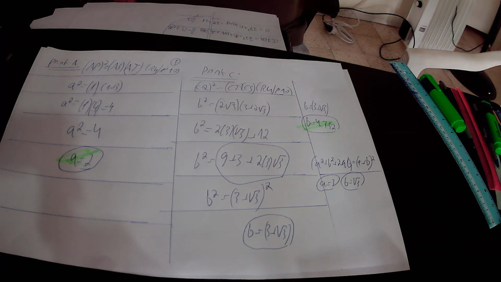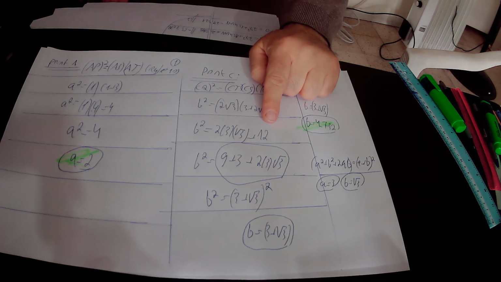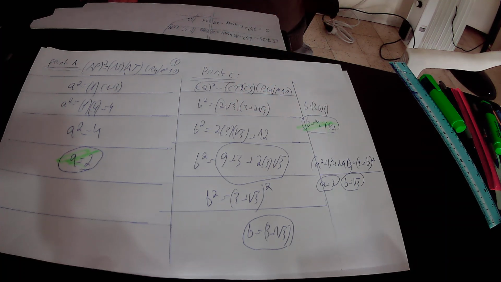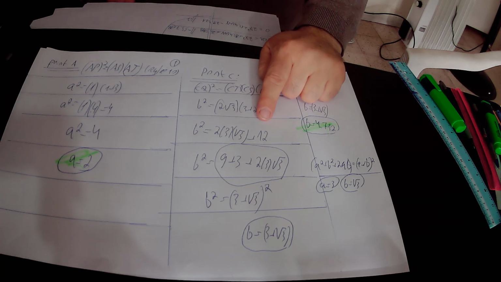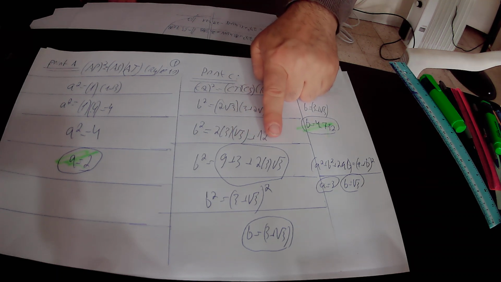So B square equals 2 times 3 times root of 3 plus 12. We substitute 12 by 9 plus 3, and finally B square equals 9 plus 3 plus 2 times 3 times root of 3.